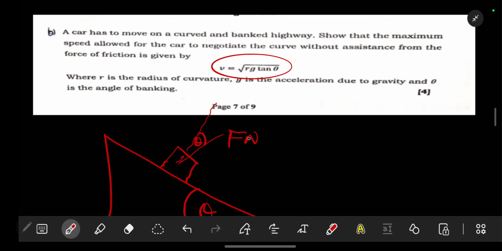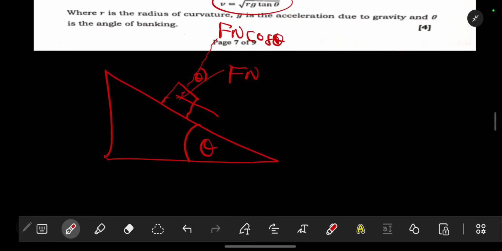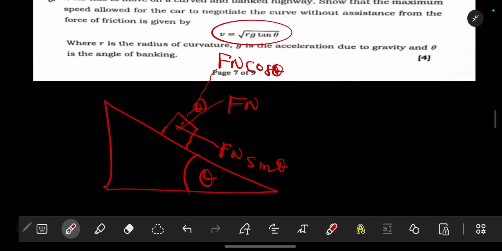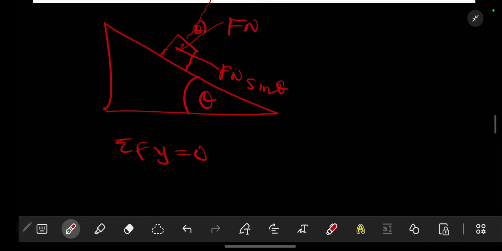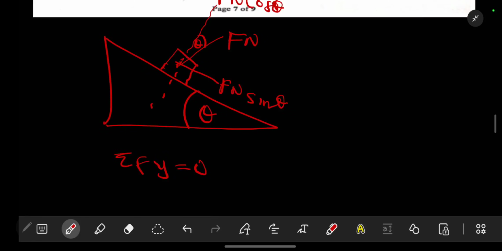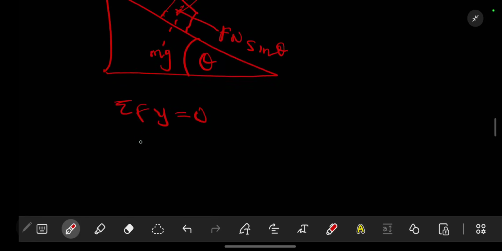Then distributing the normal force into its components, this one will be Fn cosine of theta. This other one will be Fn sine of our angle theta, like that. So with that, we say summation of forces in the y should be equal to 0. If you extend this, you have your mg like that.